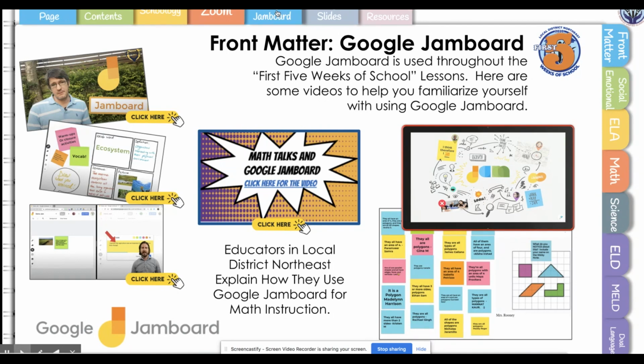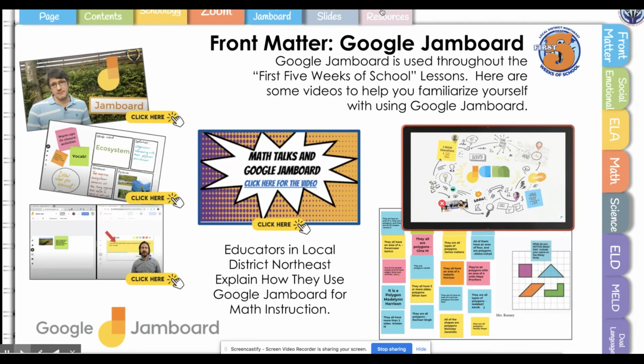Learning how to use Google Jamboard will be really helpful for using all of the tools that are available in the 5 weeks of lessons. It is, of course, an optional tool, but we hope that you will enjoy learning about it and will hopefully want to use it more in the future after the 5 weeks of lessons.